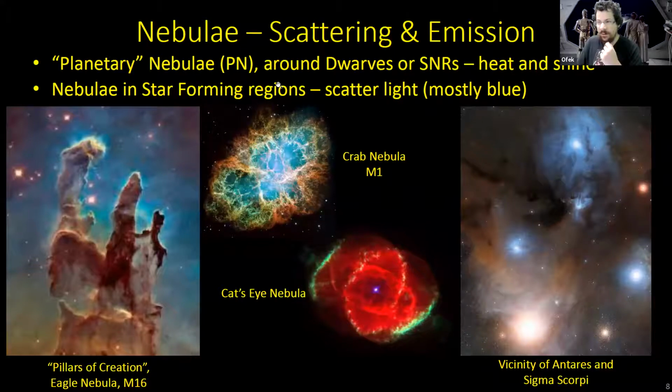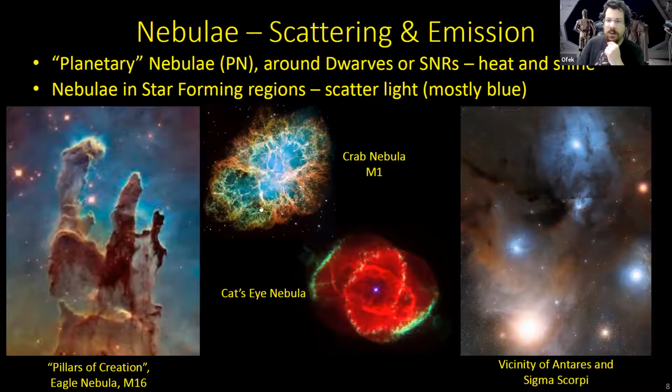Nebulae typically will scatter more blue than red light. And that's similar to the Rayleigh scattering that we talked about and that we know from our own atmosphere, which is why, for example, we might often see these blue and red features mixed with each other.